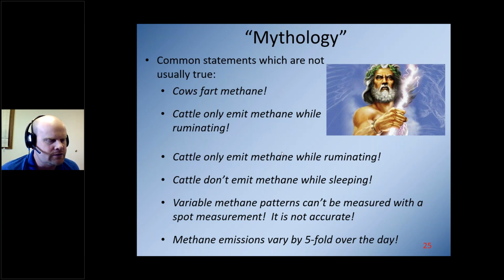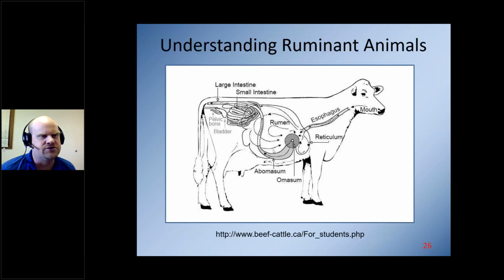And the classic mythology that we've heard is methane emissions vary by 5-fold in a day. How can you ever measure with a spot sample? So we need to really understand what's going on with a ruminant animal in order to have a better idea of how we can sample these animals using a spot measurement.